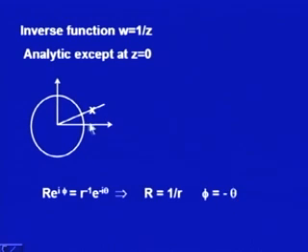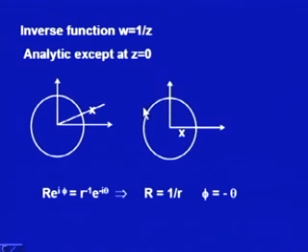That means if I have a point on the z plane as this, then this point will map to the w plane here. How do I arrive at this point? Let us say this is a unit circle, then this is a point outside the unit circle. So r is greater than 1, and 1/r will be smaller than 1. So this point will map to a point inside the unit circle.